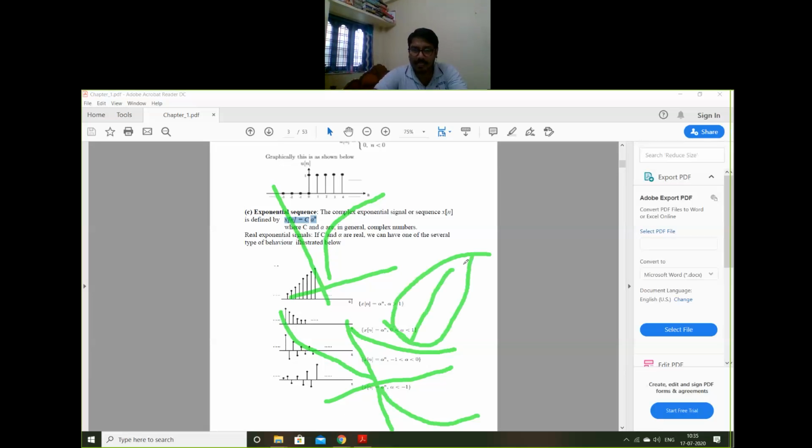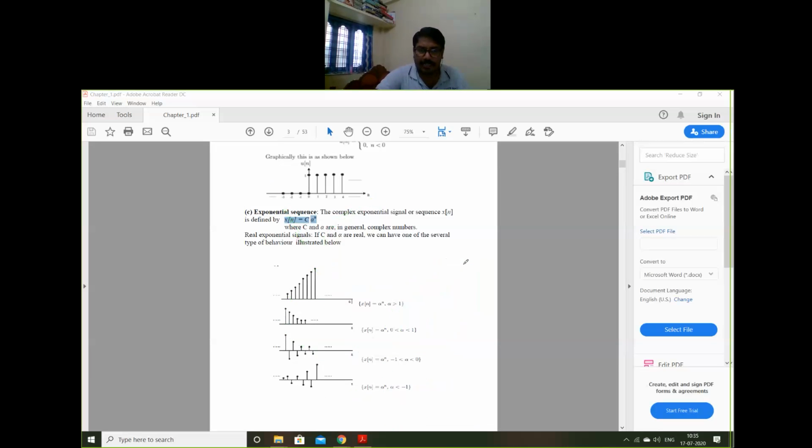So there are four pictures. Look at here. This is exponentially increasing. This is exponentially decreasing. And this is increasing and decreasing together, both are there. And this also increasing, decreasing. All various combinations we have.